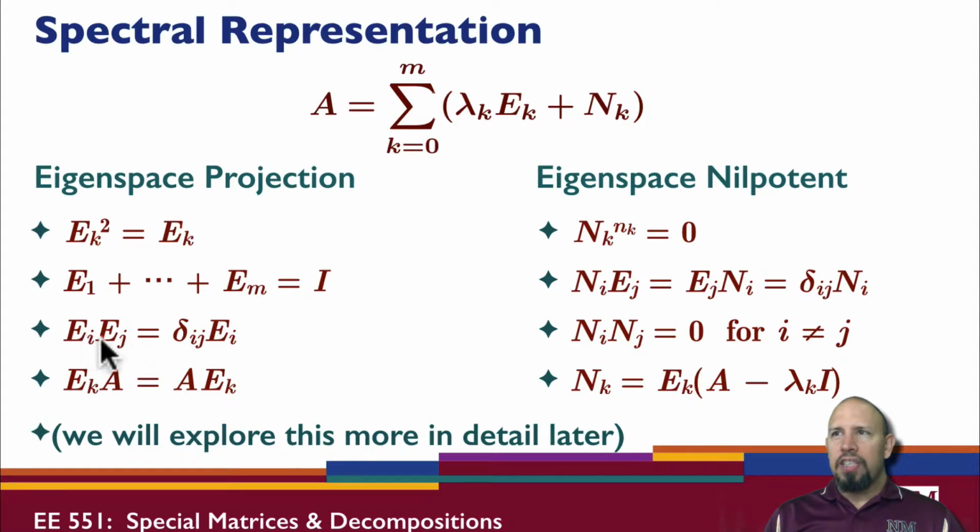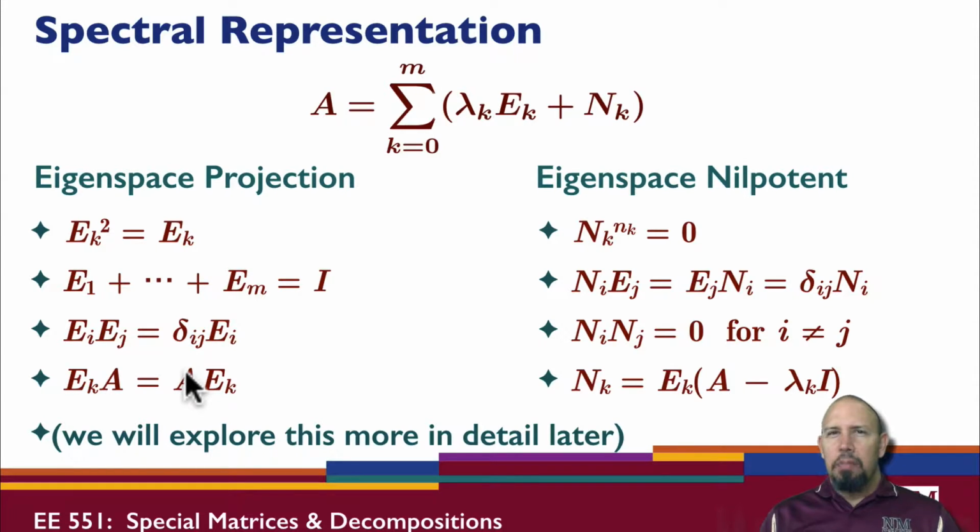So what this is saying is, if i is not equal to j, I get 0. If i is equal to j, I basically have this same thing back. Okay, so that's what this equation is saying. And also each of the E's commutes with A. I can multiply them in different order.